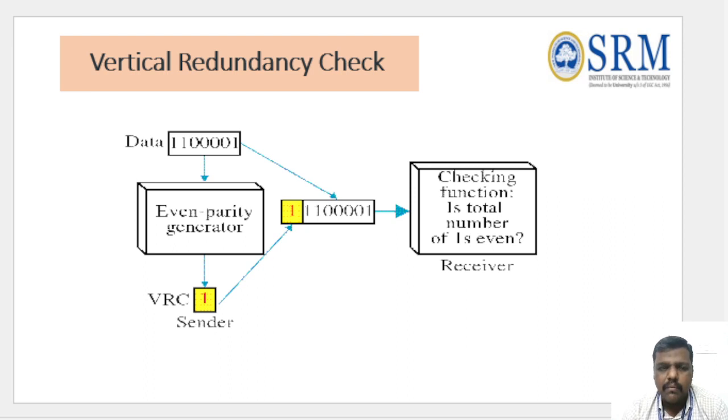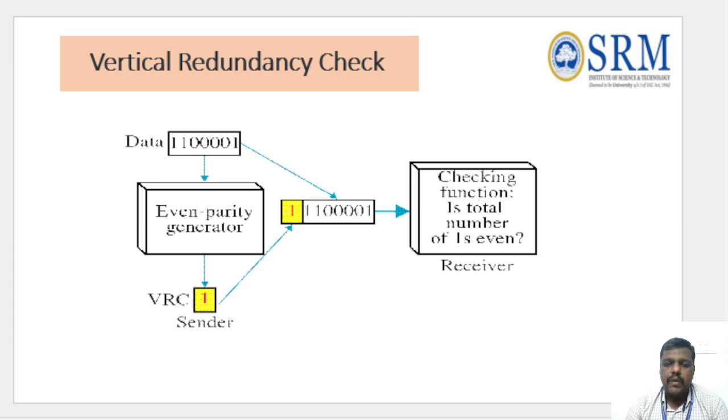When you count the ones, we have 3 ones in total. 3 ones means it is of odd parity. We always focus on even parity for the vertical redundancy check bit. So to make this data even, we just add an extra parity bit, 1. After you add this 1 and count the number of ones in the data, we get 4 ones, which is even parity.